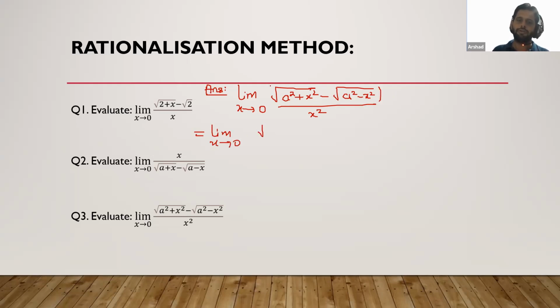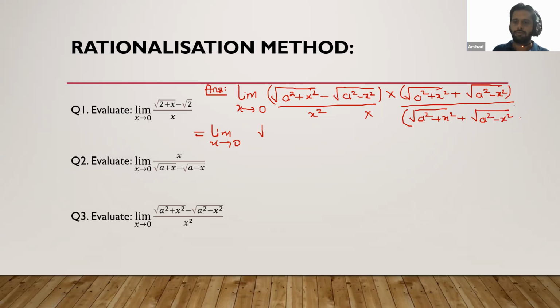Okay, so we will rationalize here only. We need to rationalize this. This is under root of a square plus x square plus under root of a square minus x square by under root of a square plus x square plus under root of a square minus x square. Now multiply the numerator.